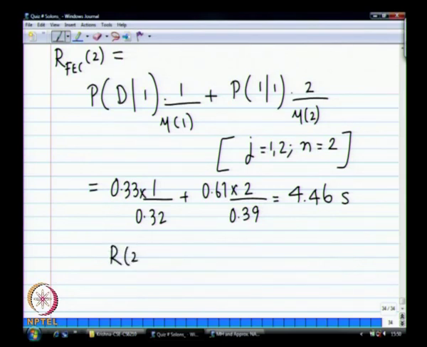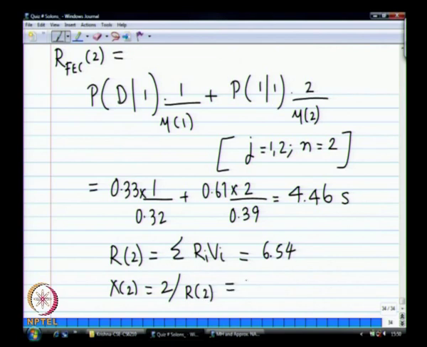So now R of 2 is computed like before, sum of RiVi, and that is now updated to 6.54. Then X of 2 is 2 divided by R of 2, and that is 0.31 and so on.